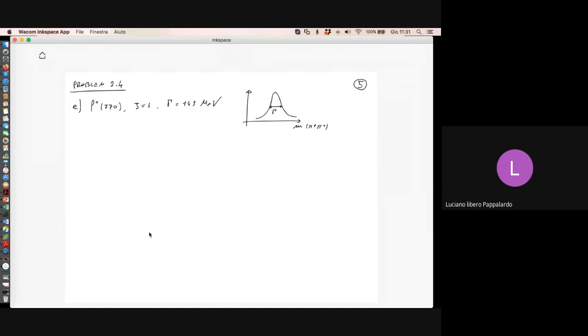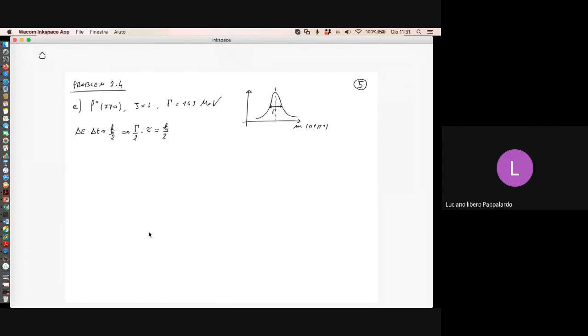As we've seen in the theory, from the uncertainty principle we know in general that delta E times delta T is of the order of h bar divided by 2. In our case, we substitute delta E with half of this decay width, gamma over 2, and delta T with the decay time tau, and this must be of the order of h bar divided by 2.